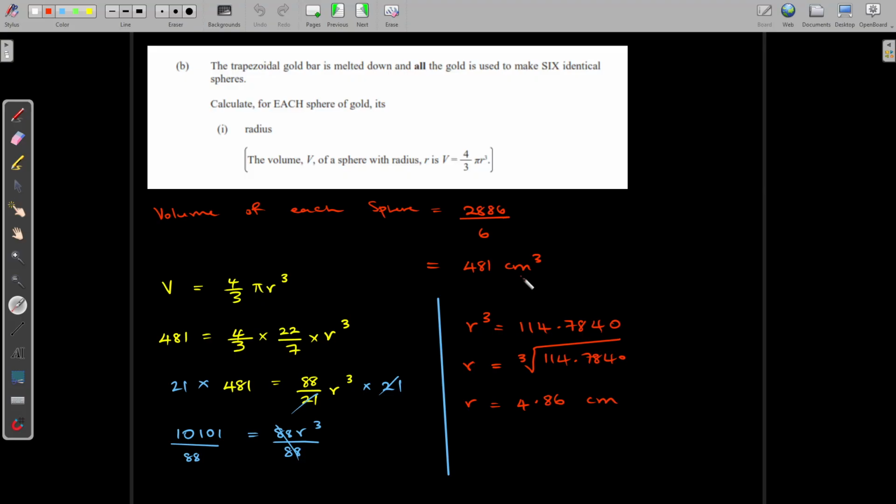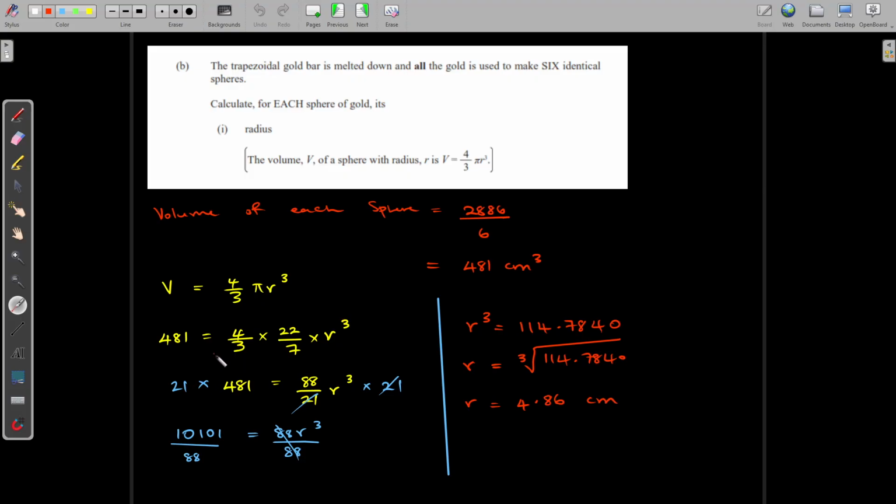Yes, sir. So they gave us the volume formula for a sphere. So the 481 is for each individual sphere. So in the formula we replace what we know. We know pi as 22/7, but we don't know r as yet. So r is what we're trying to find.